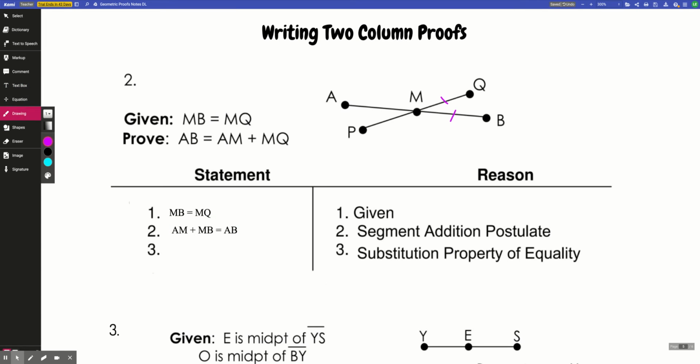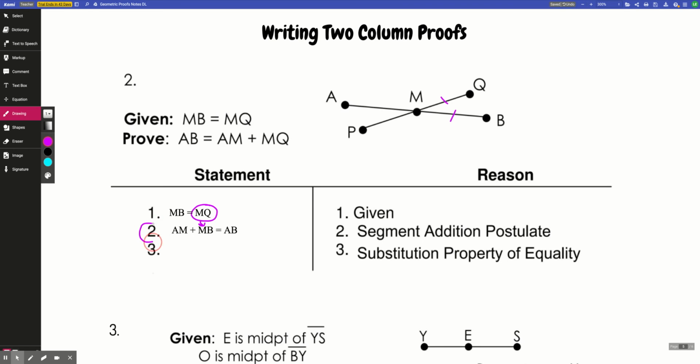And so my very last step here, we're using the substitution property, but essentially what we're doing is saying, I want, instead of MB right here, I want it to be MQ instead. So MB and MQ are equal, so I'm going to put MQ right where MB used to be.